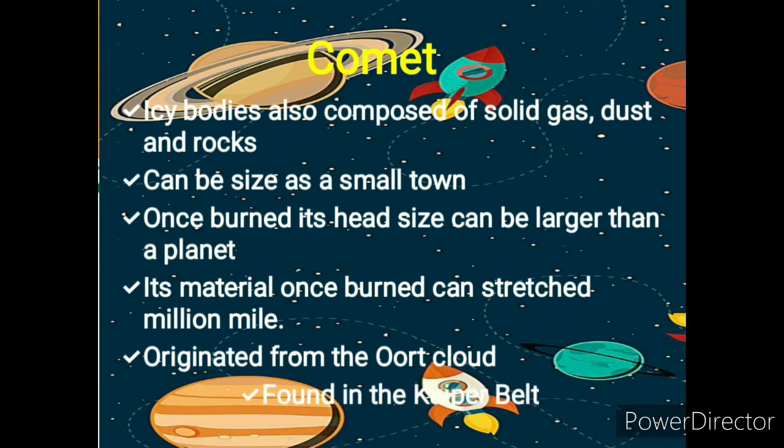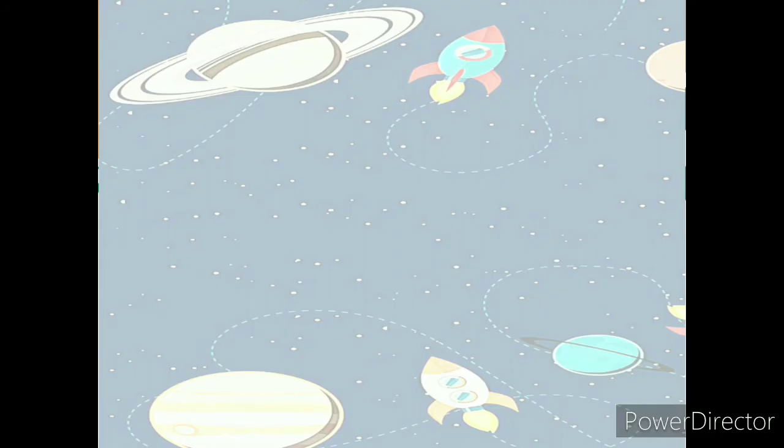There are two locations where comets can be found. They can be found in, or originate from, the Oort cloud or the Kuiper belt. So there are two locations where we can find these comets. Okay, let's take a look at the difference between the Kuiper belt and the Oort cloud.